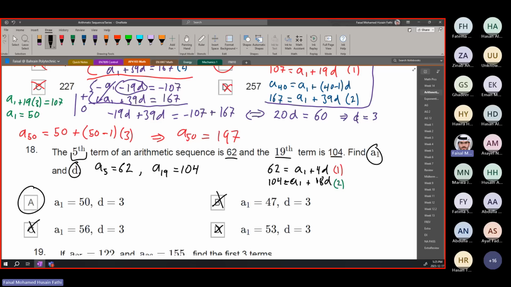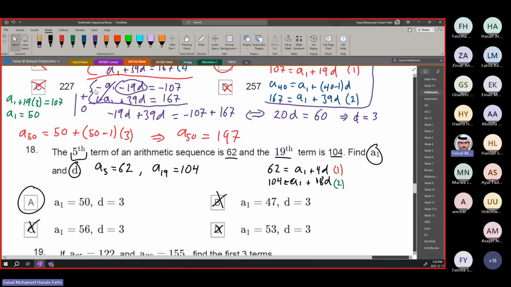All right, so this is going to be 50 and 3. Let me just double check. 50 times 4, that gives 62. And then we have 18. Yeah, it's 50 and 3.